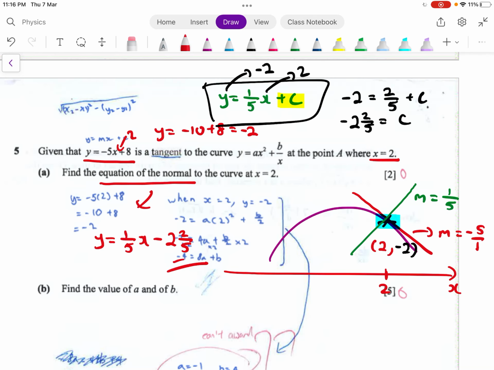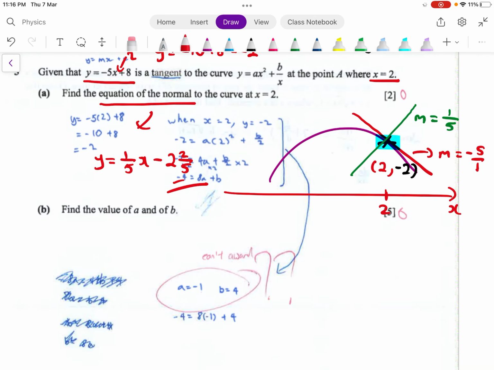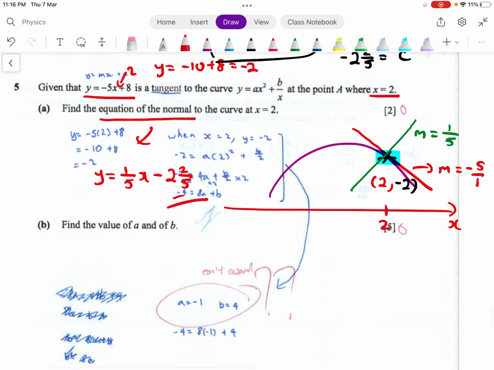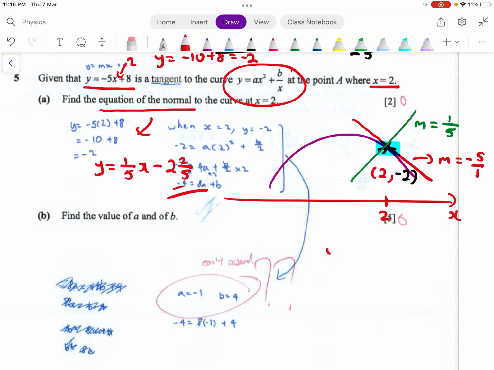Hopefully it's correct. Okay, for part B, find the value of a and b. So if you look at this, I want to determine the value of a and b. The very first thing I write down is y equals a x squared plus b over x, so it's ax squared plus b x to the power of negative 1.